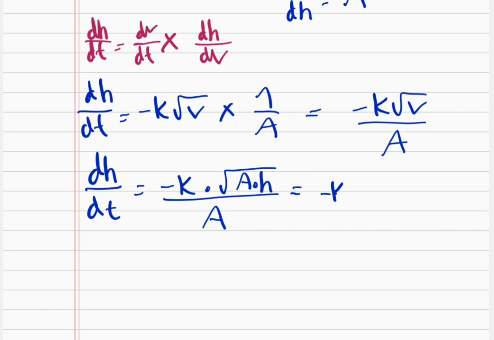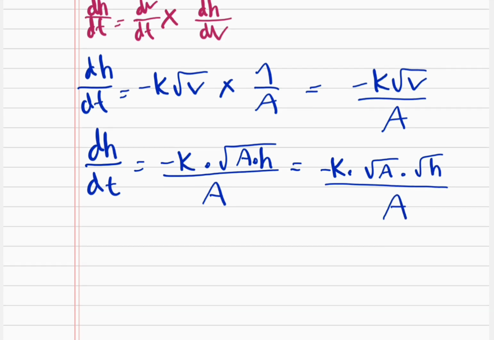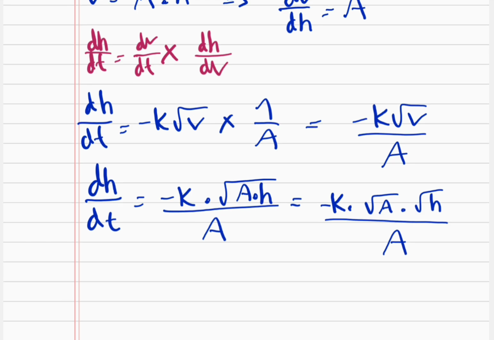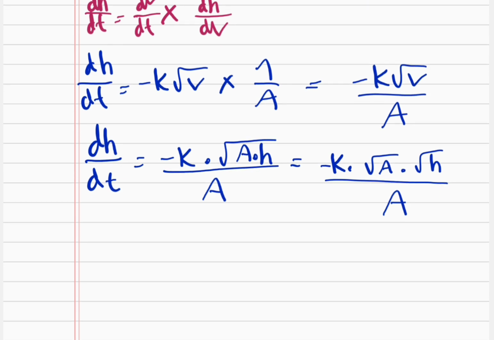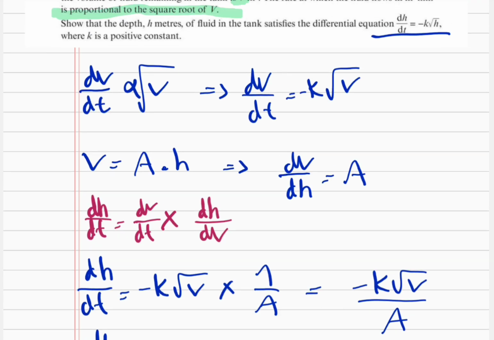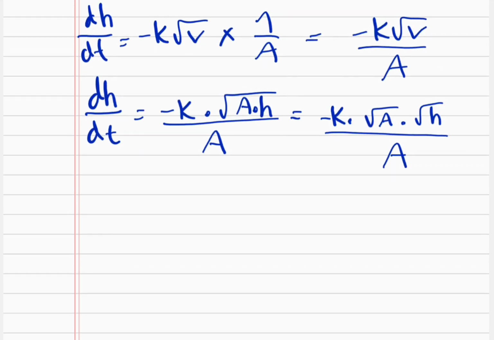Now we can split this: minus k times the square root of A times the square root of h, divided by A. We could have done that earlier, but then we needed to do one more step of introducing a new constant, which would be messy. So I decided to do every simplification first and then introduce the final constant to get this form.